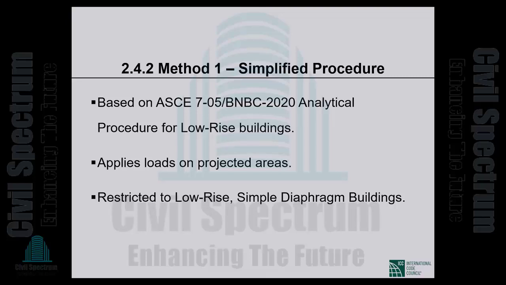Okay, method 1, simplified procedure. From now on, I will skip more than I will cover because of obvious reasons. So most of this I will skip, but I have a couple of important things to say. So the simplified procedure, method 1, is restricted to, okay, let's read this.